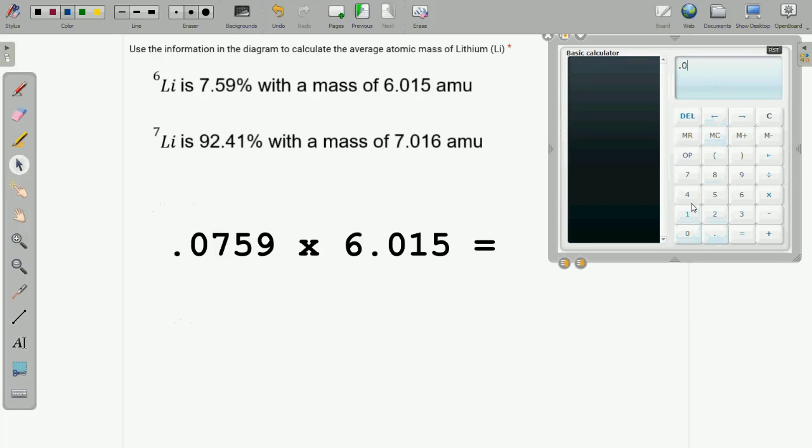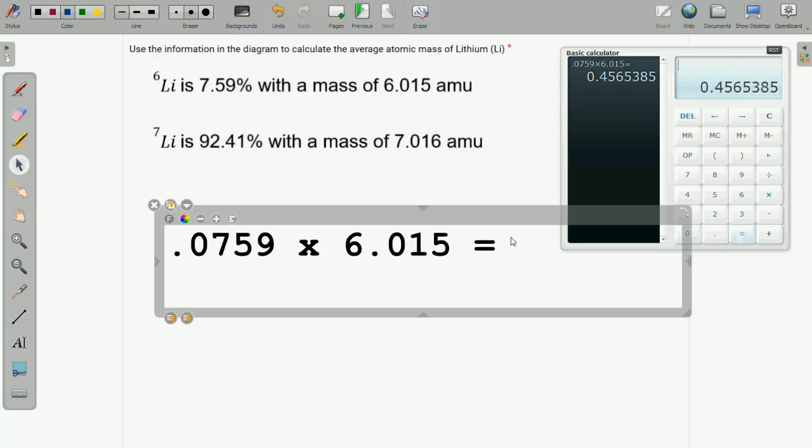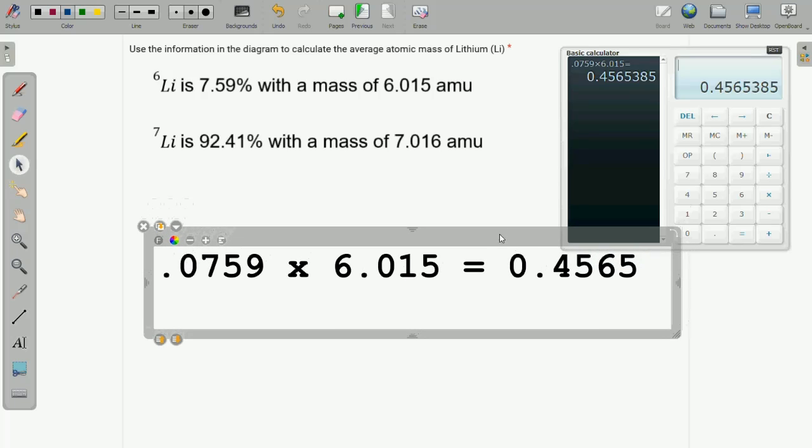We're going to say 0.0759 times 6.015. All right, and that gives me 0.4565, we'll say. All right, then we're going to say 0.9241, because it's a percent that we're changing to a decimal, times 7.016.